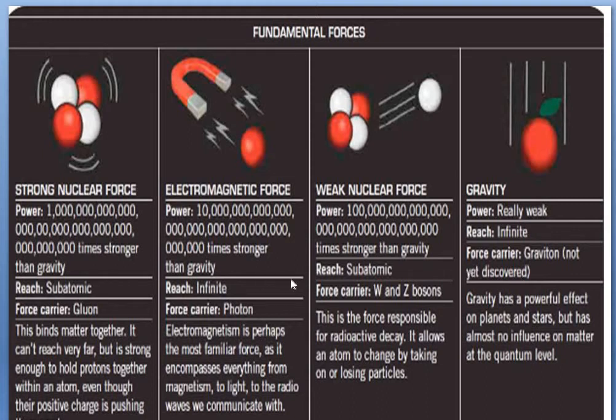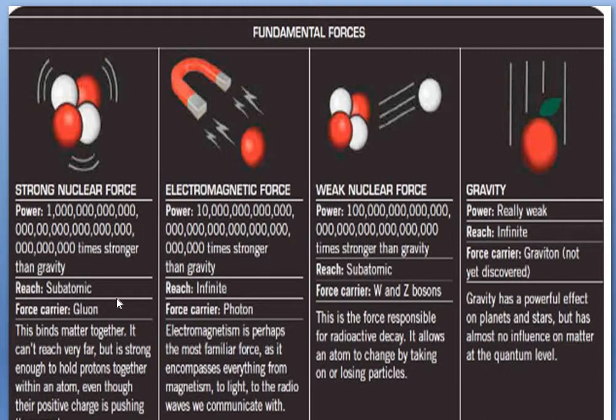All these particles have integral spin. We already studied spin in your +2 classes. So the particles which are exchanged, or which are the force carriers, are known as field particles. Examples of field particles are gluons, photons, W and Z bosons, and graviton.